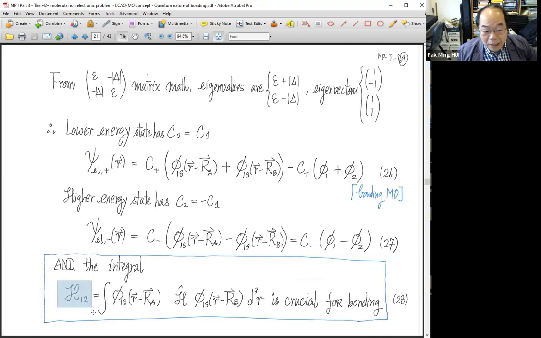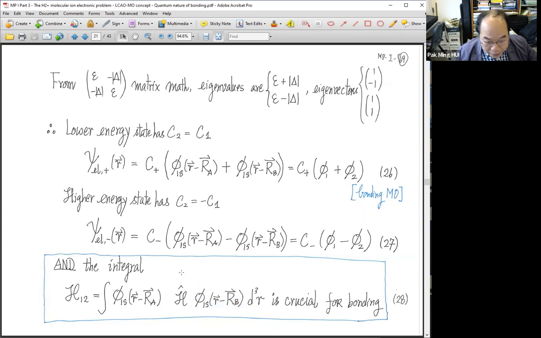So let's look at what is H12. This is the energy responsible for bonding. What is it? It is 1, 2. So on the left-hand side is the 1s centered at A. On the right, 1s centered at B. Different centers.